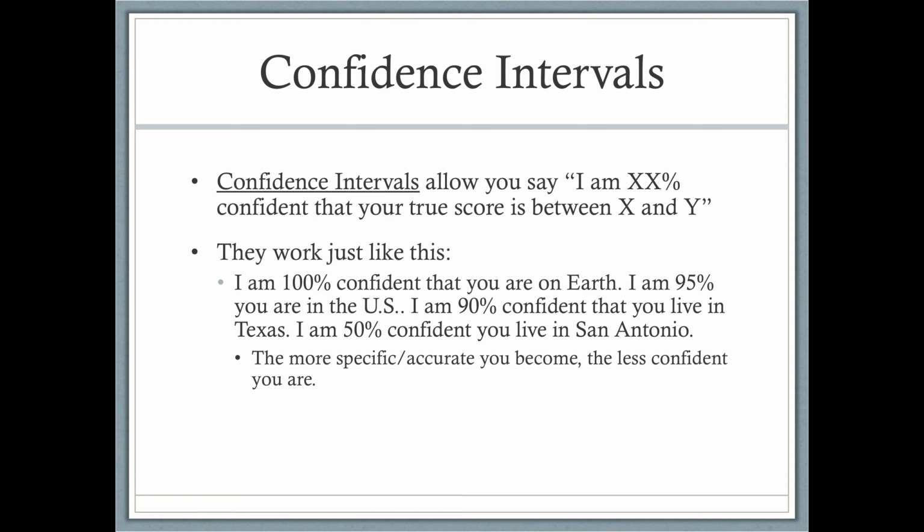I am 30% sure you live in the NEISD school district. I am 15% sure you live in Stone Oak. I am 5% sure you live on such and such street. And so do you see what's happening here? The more specific I become, the less confident I become.